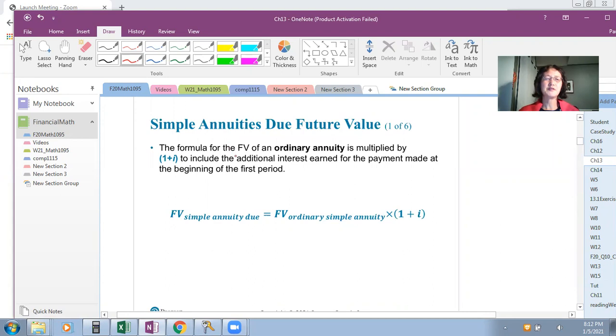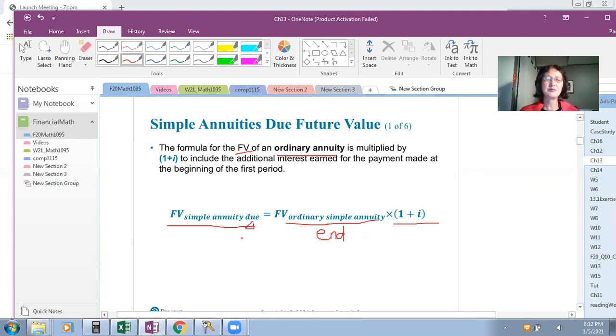The formula for future value of ordinary simple annuity. If you multiply this one by 1 plus i, you can get the formula for future value of simple annuity due. The reason is, for ordinary simple annuities, payment is made at the end.